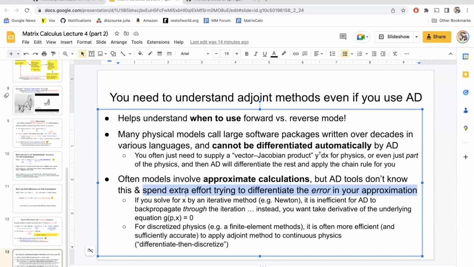So examples are when you're solving nonlinear systems by iterative methods like Newton equations, or even if you're approximating things by discretizing physics, like finite element methods, often you want to differentiate the physics before you discretize, rather than have it try to do automatic differentiation on the discretization itself.